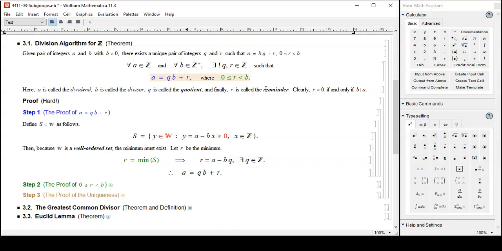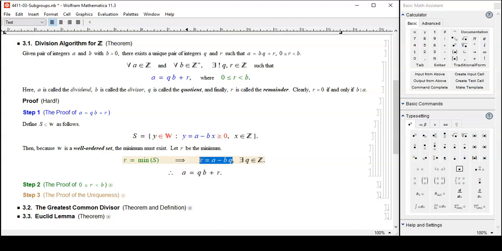The first half is rather straightforward because this set S was defined in terms of y equals a minus bx, where x is an integer and y is a non-negative integer, whole number, and then r is a special case, so r goes here in place of y, and then a certain x will be there, and that's going to be defined as q.